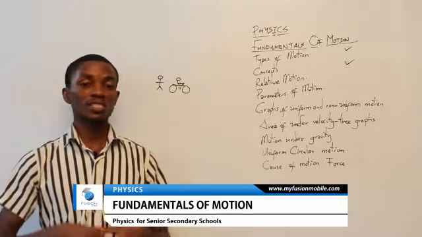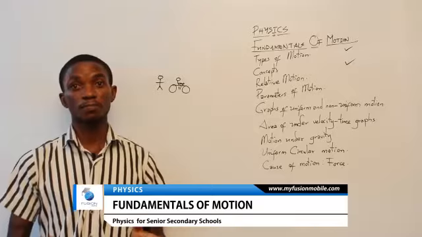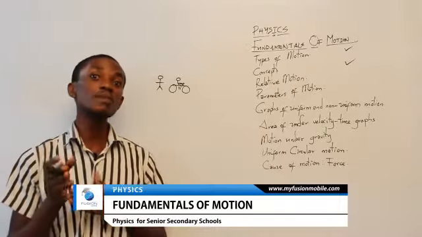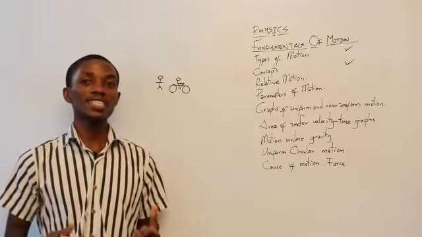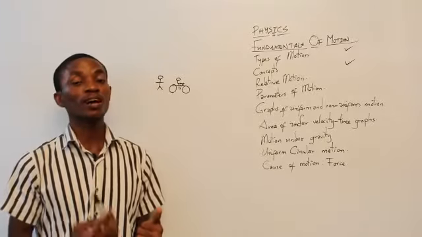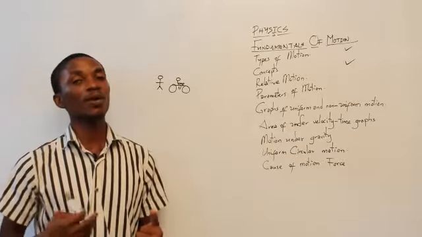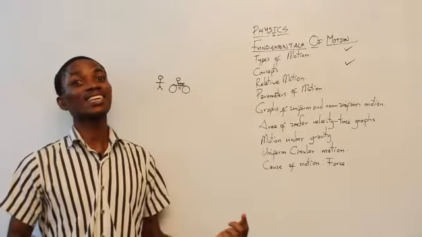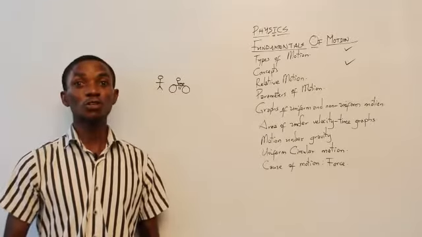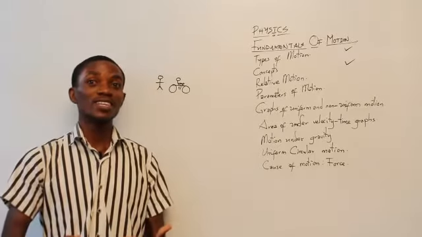Relative motion is active in our world today. The fact that you seem to be standing in one place, you are actually in motion, because the earth is spinning around its axis and around the sun. Which means the whole earth and the ground and everything is in motion.